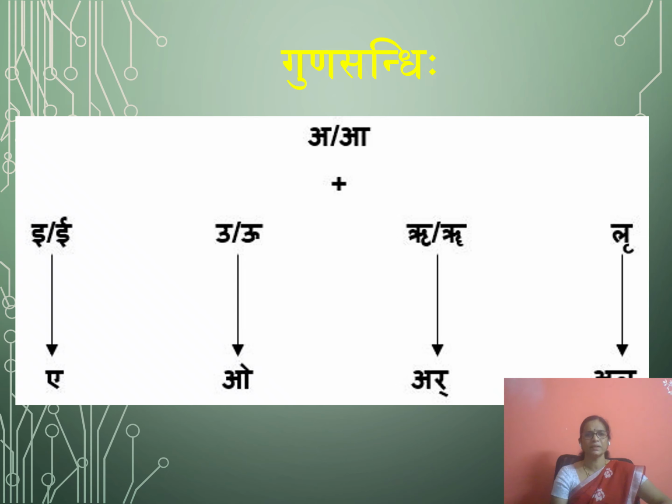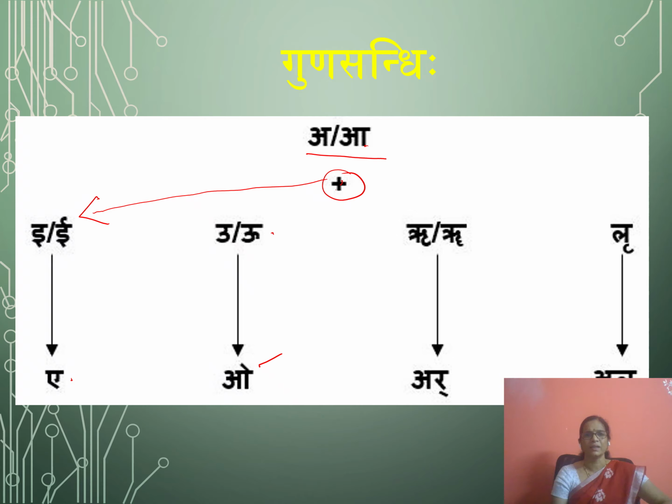As I explained in the previous slide, here you can observe the combinations of the letters. The first word's last letter should be a or long a, and if the second word starts with i or long i, then you will get e. Similarly, a as the first word's ending letter plus u as the second word's first letter, you will get o.